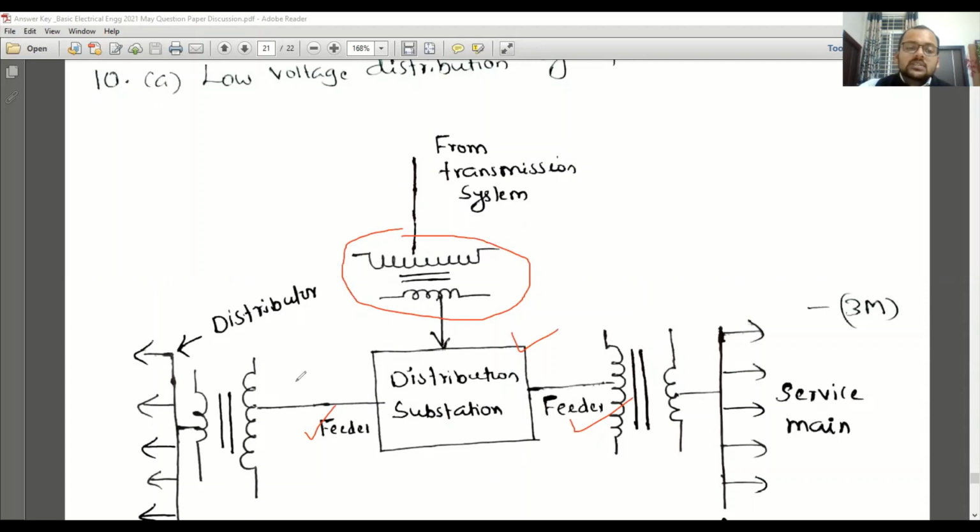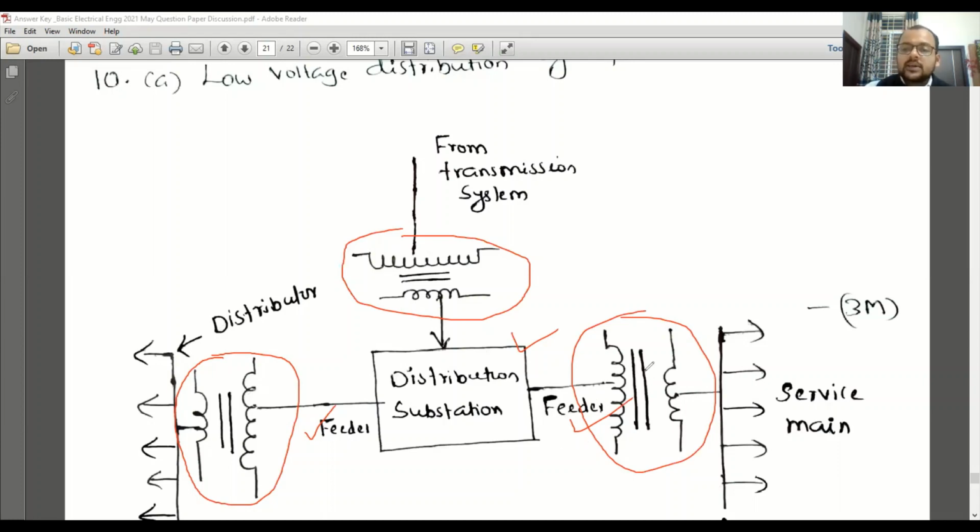Then feeders will be given to a pole mounted transformer. This is basically a pole mounted transformer or distribution substation. By using this, you will be connecting to different houses through the distributor and service main. What is service main?